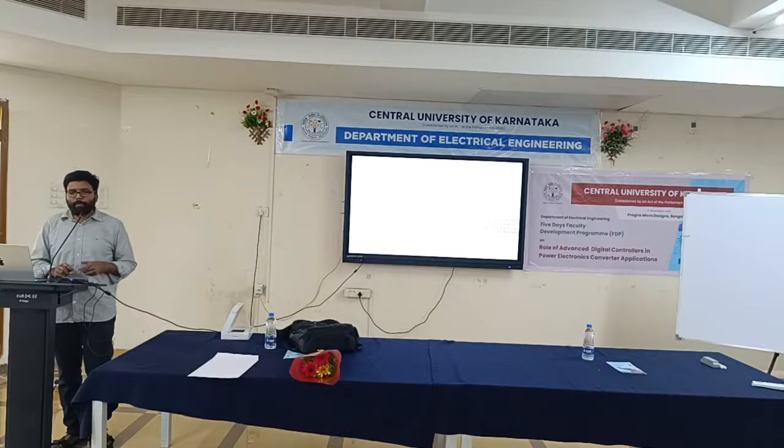These two parameters are so important with respect to application and with respect to the customer. In aerospace application, robotic application, even if you take satellite application, position control is so important. Their requirement is position control. In EV application, from the customer's point of view, speed is the important parameter.